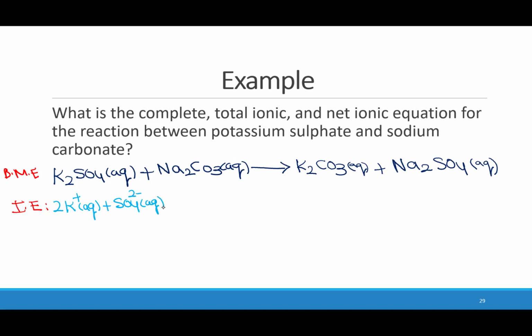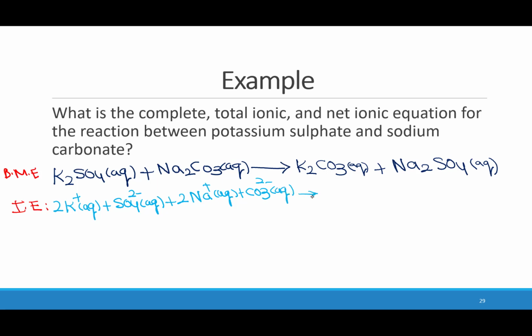Since we have two potassium ions, I put the coefficient 2. You also have to indicate the charges, and you also have to write down the state of each reactant. Then let's talk about sodium carbonate, which again is an ionic compound in aqueous state. That means it will separate, which produces 2 sodium ion plus carbonate ion.